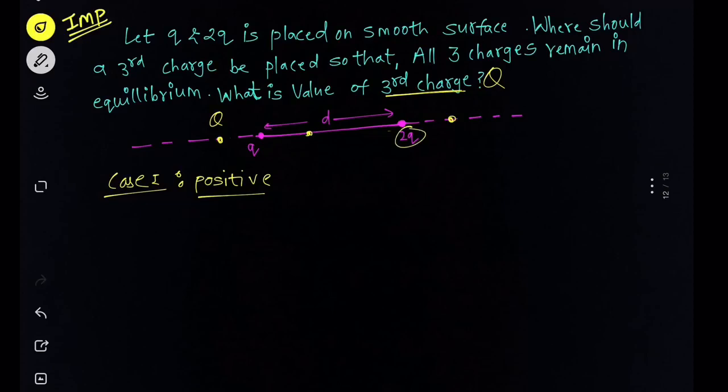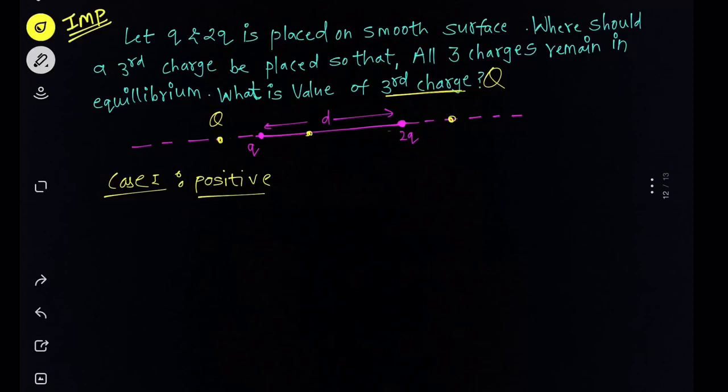So let's consider 2q. Here from capital Q, this will repel the charge towards right, and small q also repels the charge towards right. So the 2q charge is not at rest when we put capital Q on the left side. So the left side is not the appropriate position.